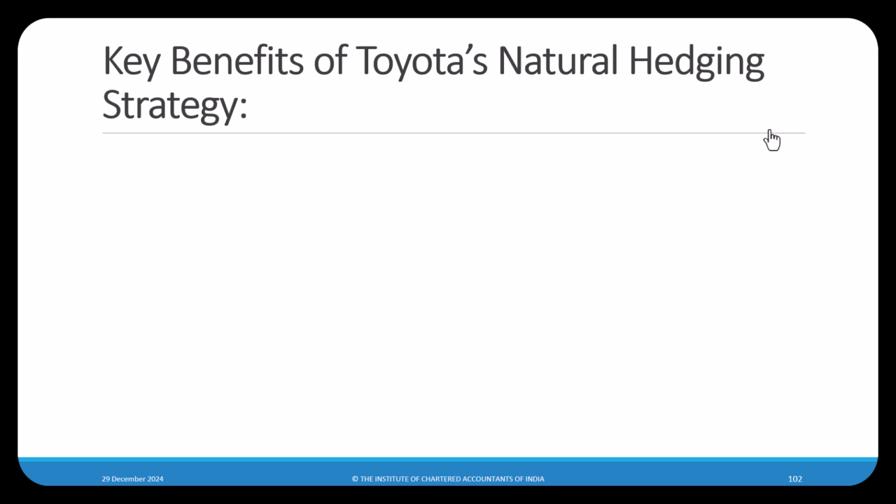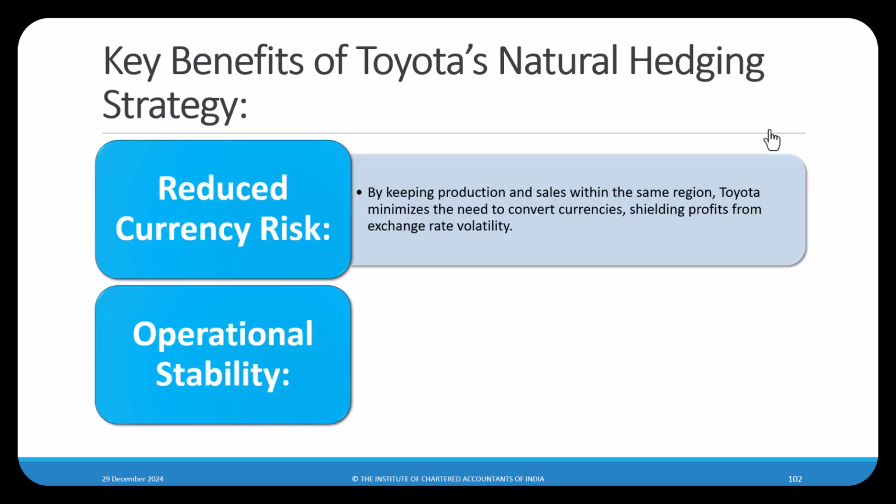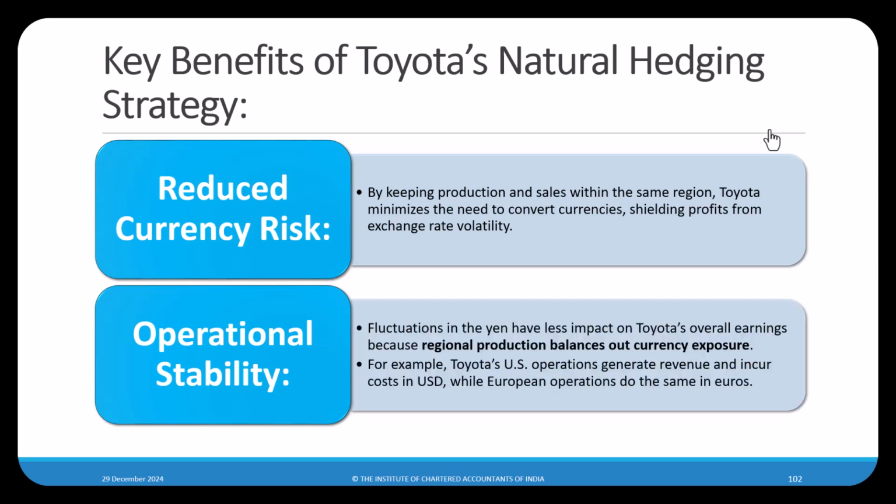So the key benefits of Toyota's natural hedging: reduced currency risk and operational stability. By keeping production and sales within the same region, Toyota minimizes the need to convert currencies, shielding profits from exchange rate volatility. So this is a natural hedging internal technique through which you can hedge your transaction.